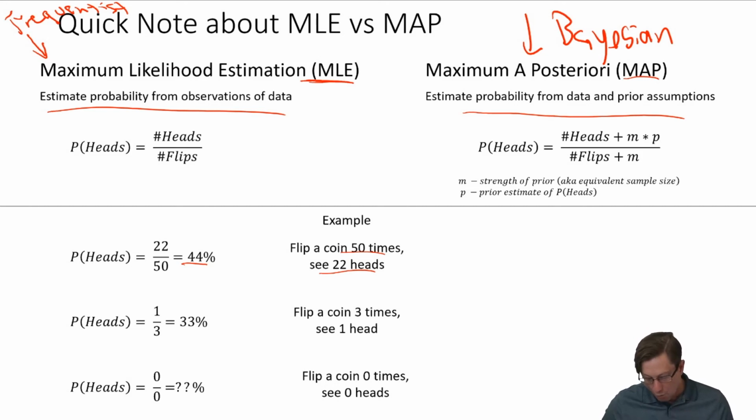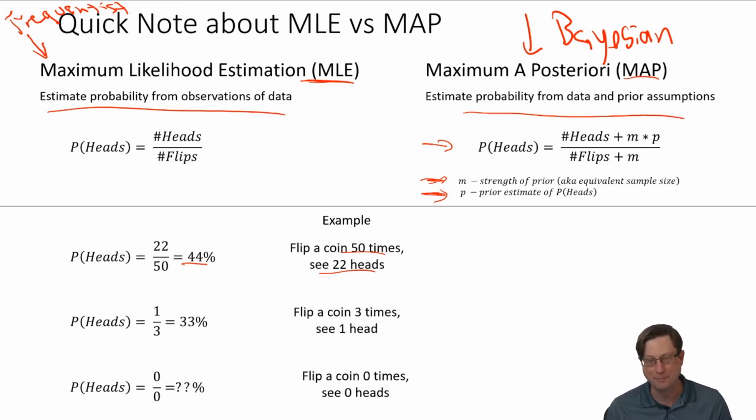So one way to do this is additive smoothing. This is also called M-estimates. You have a prior, and the prior is represented by a P, which is, here's the probability I think this coin will come up heads, and an M, which is how much I think my prior is correct.